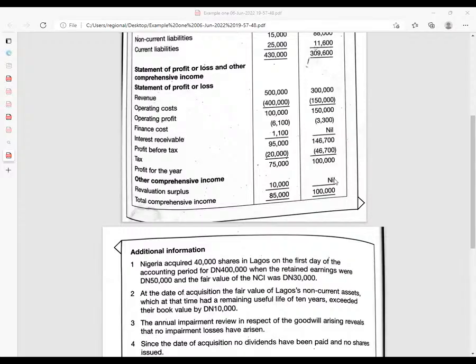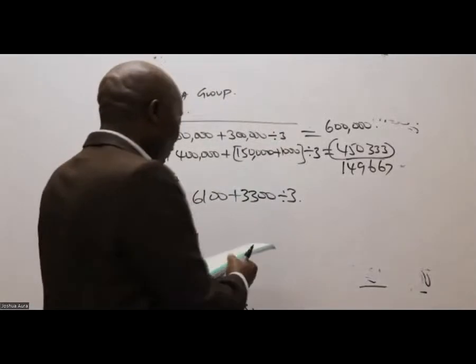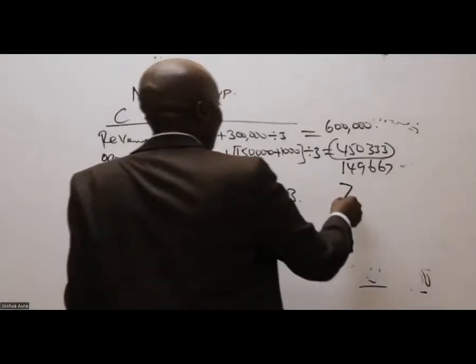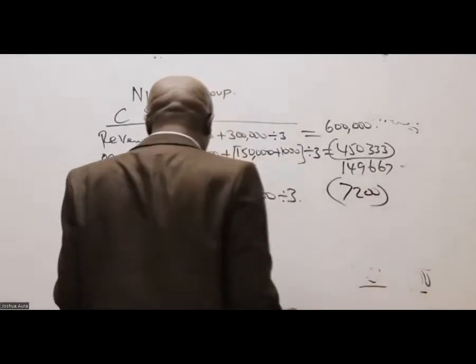But you see, this 3,300 has to be translated, so divided by the average rate, which is 3. So could you kindly give me this finance cost figure? Somebody, what do we have here? 7,200. I'm supposed to deduct that.